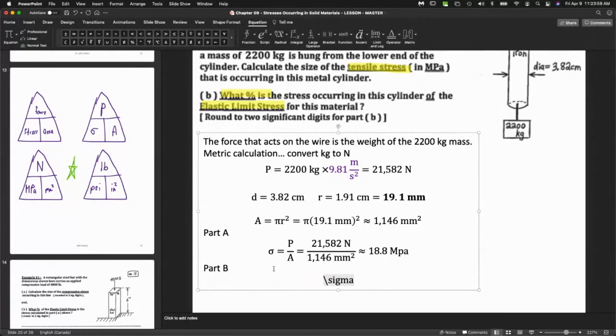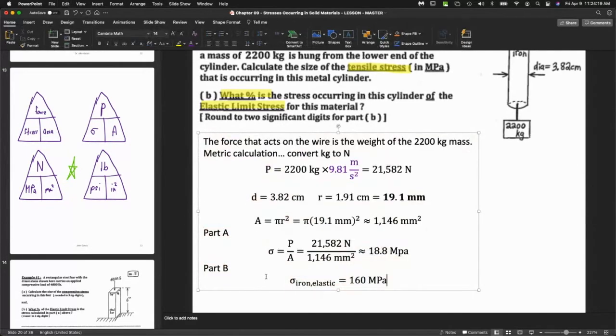So this is sigma elastic for iron. Can someone go to that table if they have the notes with them? Oh, very good, Shalon. So it's 160 megapascal. Now I do feel a little bit like I'm letting you down there, so let me go back to that table.